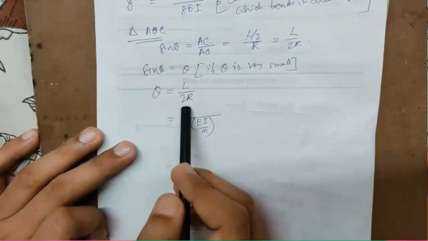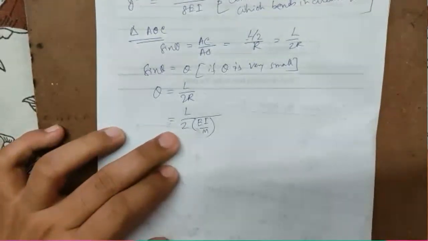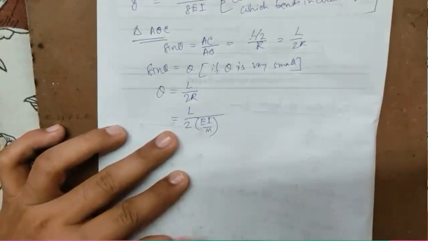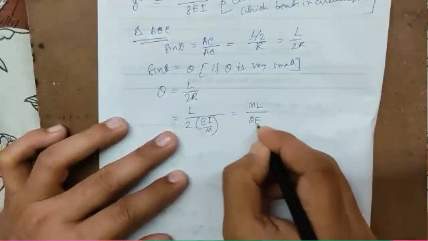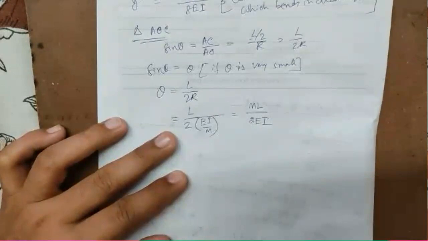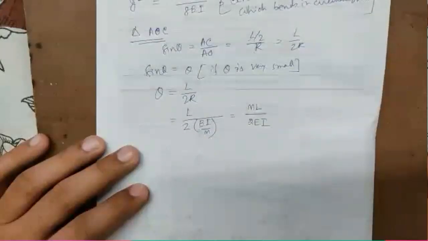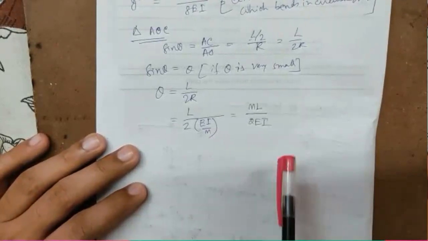So theta will be equal to L by 2R, or we can put the value of R here, EI by M. Finally, it gives us ML by 2 EI, which is the angle in radian, the slope of the deflected beam at A. Because the situation is similar, at B we will get the same theta value.